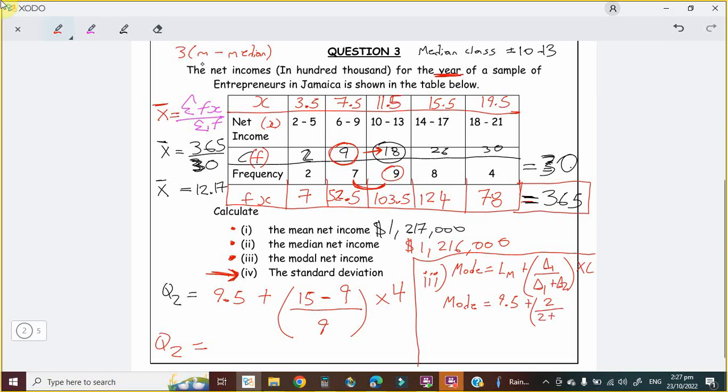Now, delta 2 is the change from the modal class to the class just after the modal class. What's the change? 1. Very good. Times the class size of the modal class. And what's the class size? 4. Good.